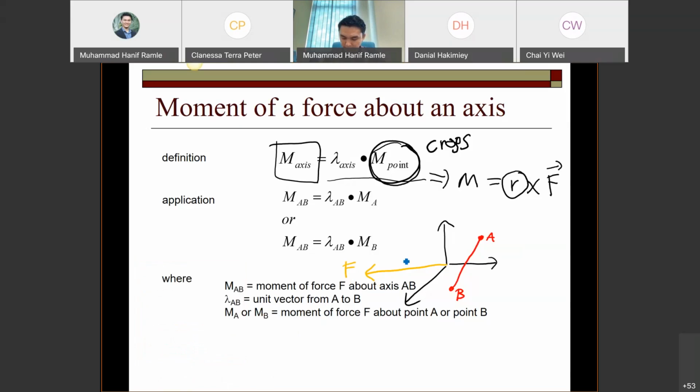The first r here, second r, the third r, and fourth r. So in this case, about an axis, we have four different r.